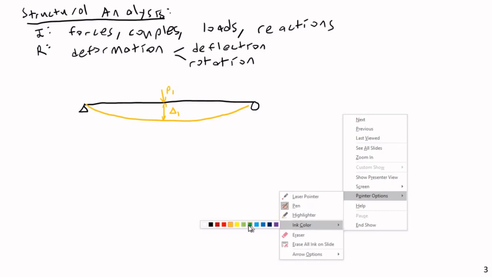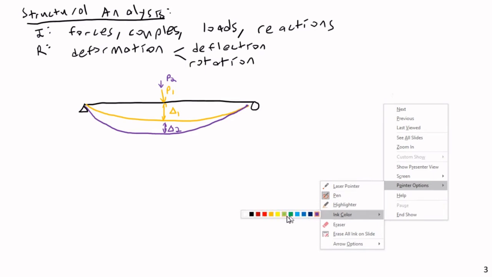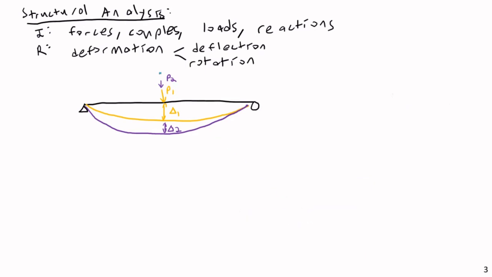Then maybe I apply a P2 to it, and for now look at this as being at the same point, and this causes an additional amount of deflection, delta 2. It's a very crooked beam. And then next, maybe I apply P3, and I get additional deflection, delta 3.